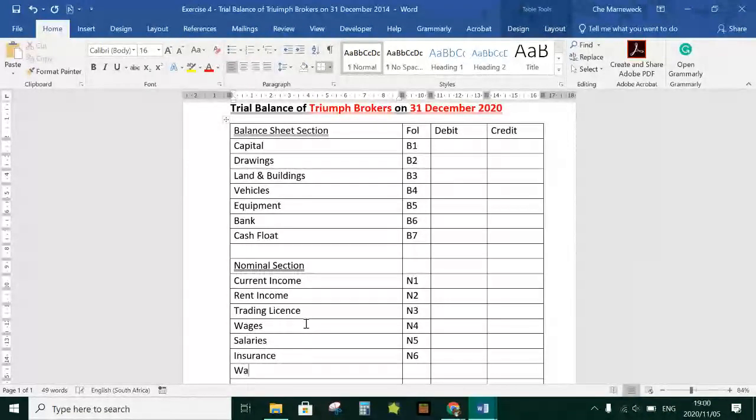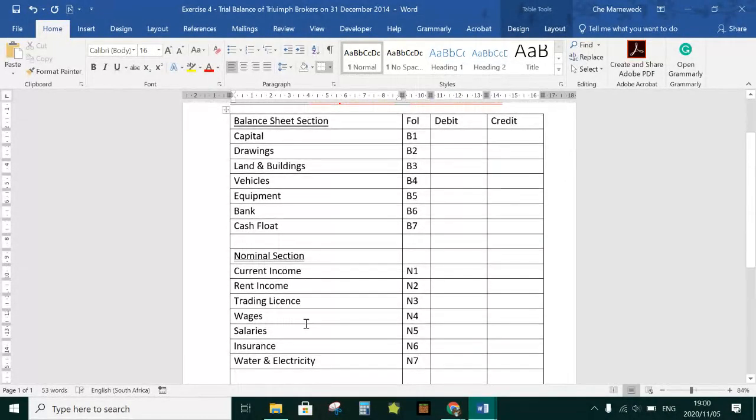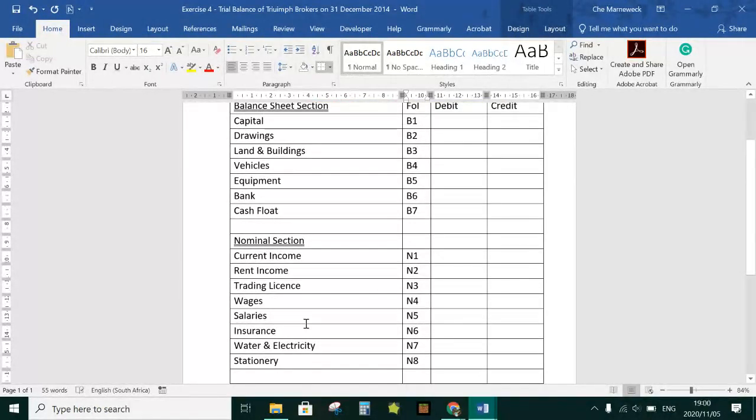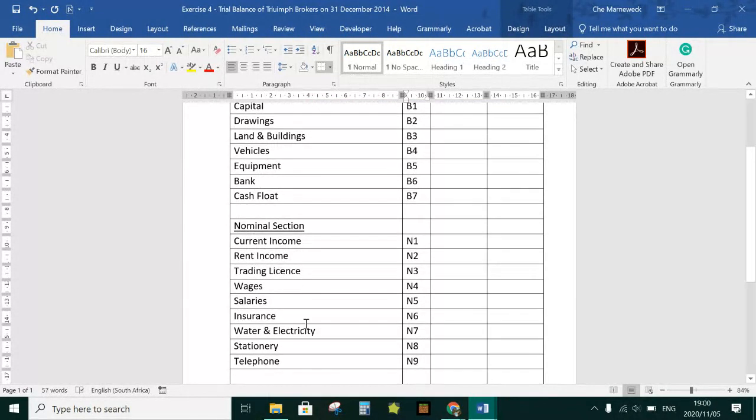And then we've got water and electricity in 7. After that, we've got stationery, and that's in 8. Then we have telephone in 9.